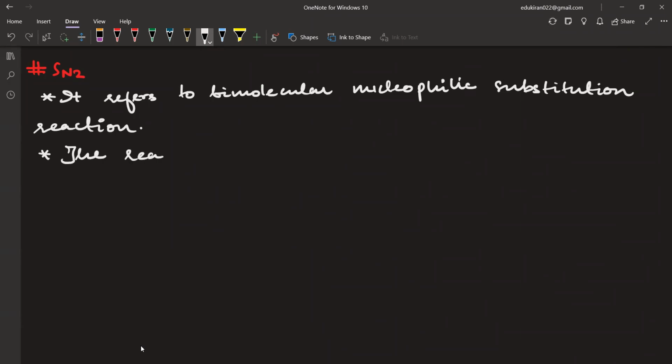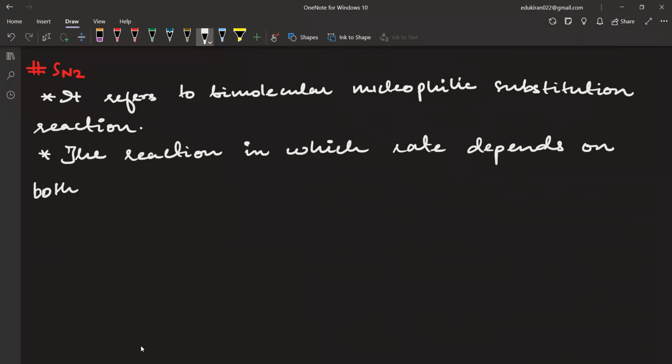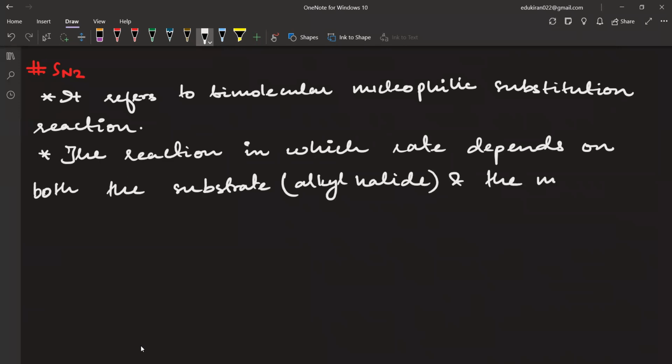The reaction in which the rate depends on both the substrate, in this chapter it is alkyl halide, and the nucleophile, is called SN2.